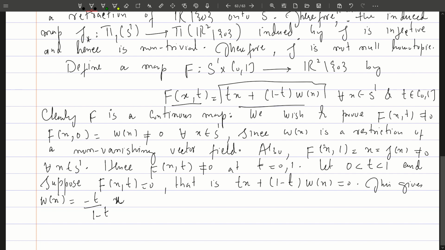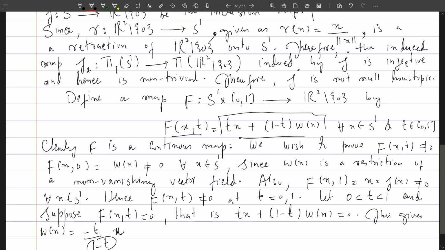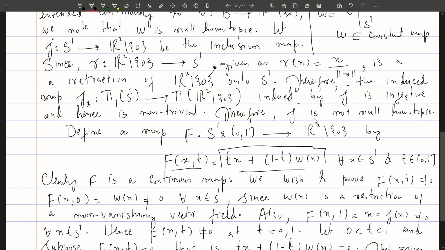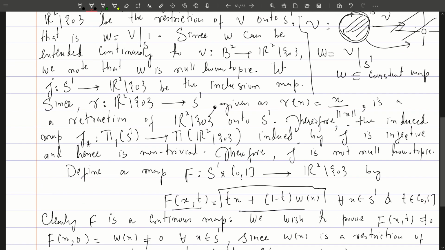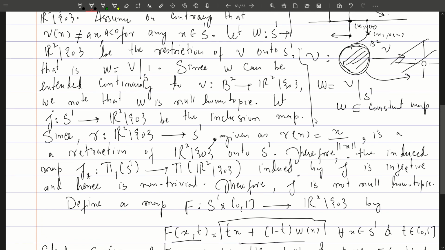Now one can note here that 1 minus t is positive, and t is also positive, so this scalar minus t over 1 minus t is negative. So that means w of x points directly inward. That is not the case, because we assumed in the first place that there is no point where the vector field points directly inward. So this is our assumption.